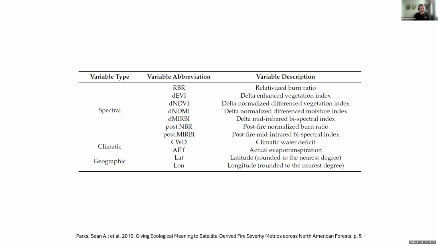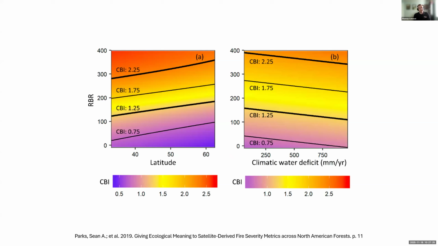They found that latitude, which is how north or south something is, and the aridity or climatic water deficit of that place are the second and third strongest indicators of the composite burn index value.